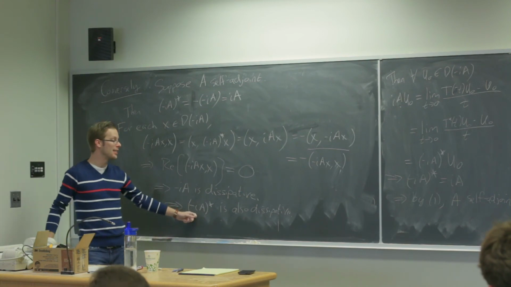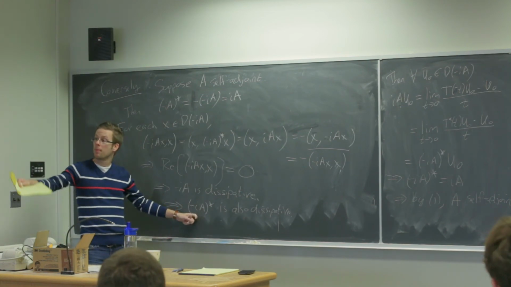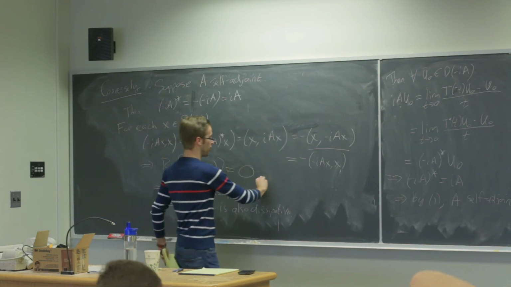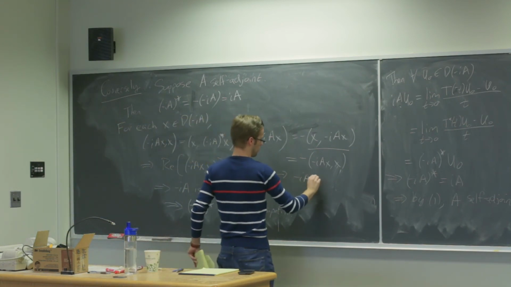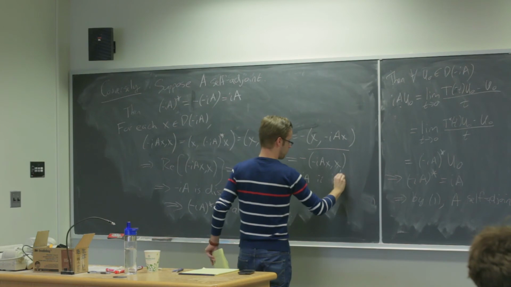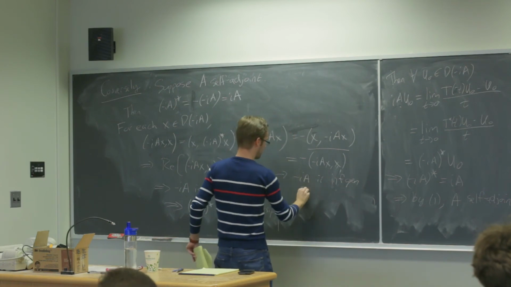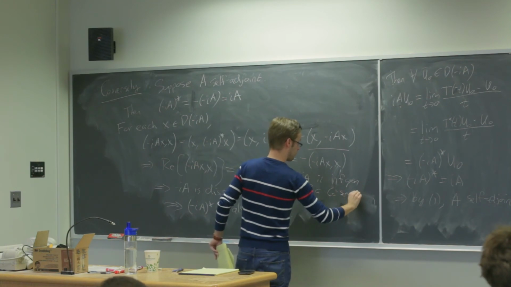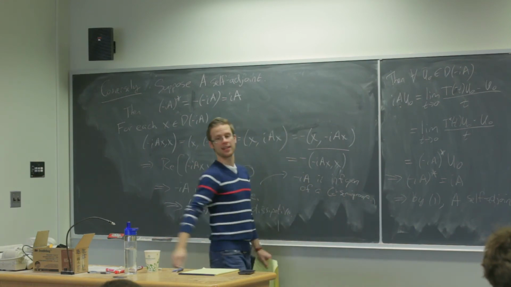So if an operator and its adjoint are both dissipative, by the main corollary we have that minus IA is the infinitesimal generator of a C0 semigroup. And that is Stone's theorem.